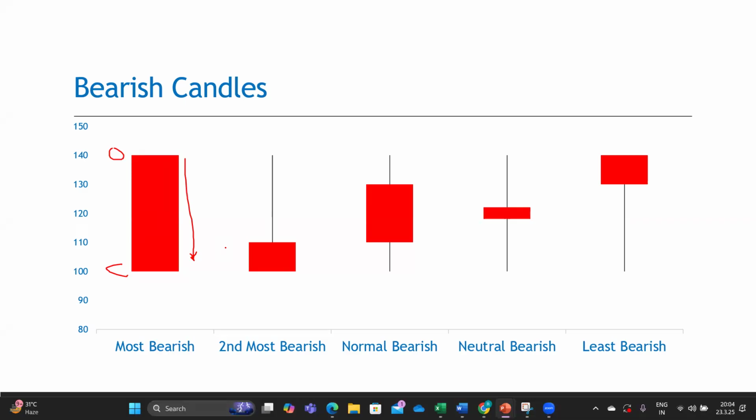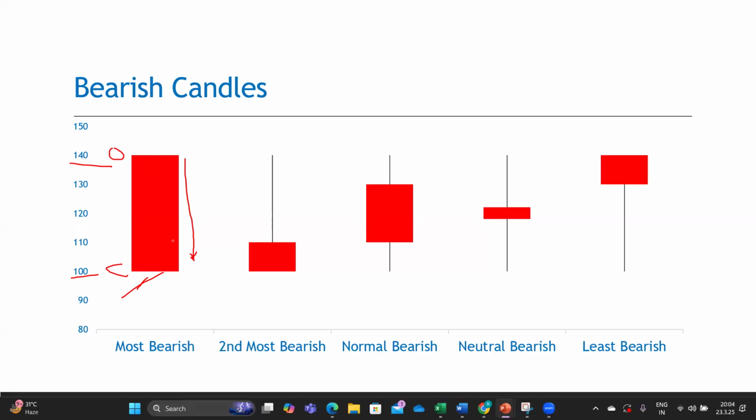People are just selling the stock right, left, center. Because of so much selling, the price has gone from 140 to 100. This is the most bearish candle. Okay, there is no wick. Okay, this is the most bearish candle. This is also called bearish Marubozu.